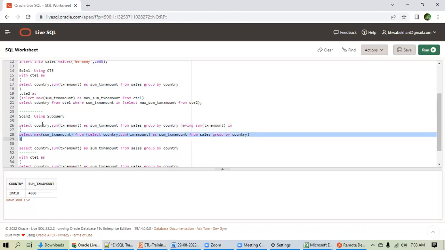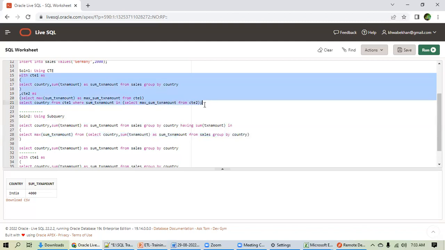Then again this will work on top of this output, so again that will be executed. That is why we prefer writing queries using CTE. This is the reason. It is very clear and segregated. You can understand each and every piece of what is happening. Fine.